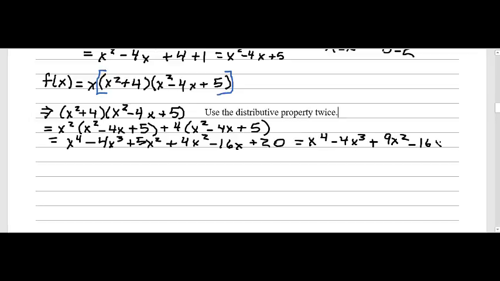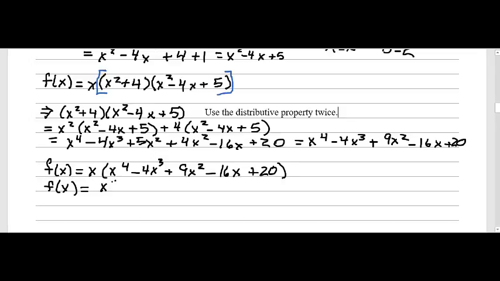And then when I combine the 5x squared and the 4x squared, that x squared term is actually 9x squared. So x to the 4th minus 4x cubed plus 9x squared minus 16x plus 20 needs to be multiplied by x. So when I do that distribution, I get x to the 5th minus 4x to the 4th plus 9x cubed minus 16x squared plus 20x.